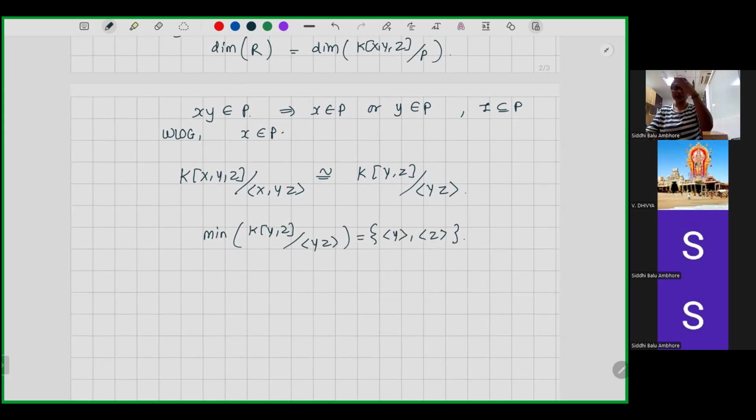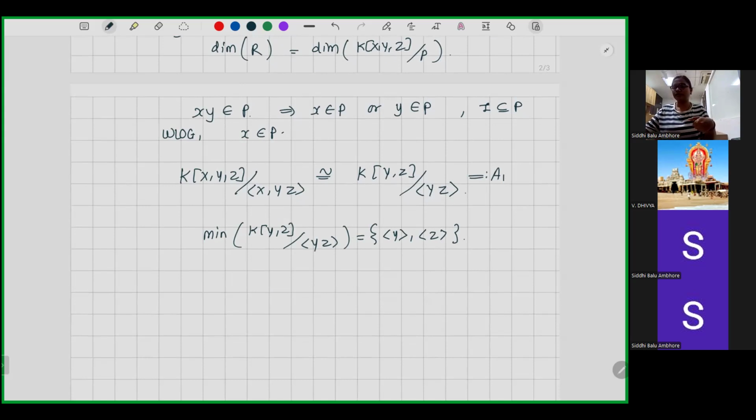Because once a prime ideal contains yz in this ring, let me call this A1, it either contains y or z. The moment I have y, yz belongs there, and the minimal prime is just y.